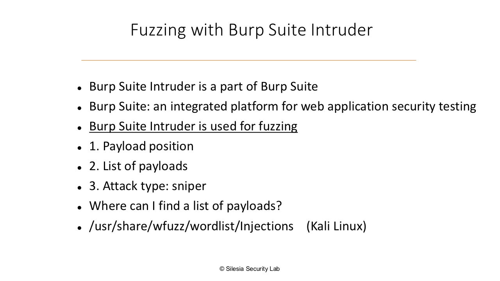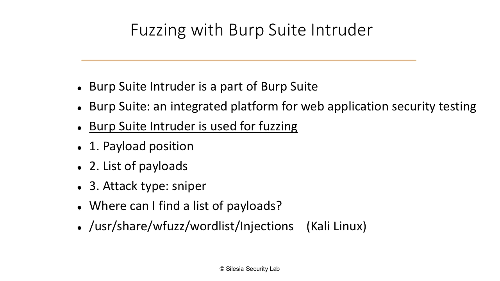When you go to Kali Linux, which is the most popular Linux distribution for pen testers, you will find in this location different lists of payloads. And this location is: root directory, usr, share, wfuzz, wordlist, injections.